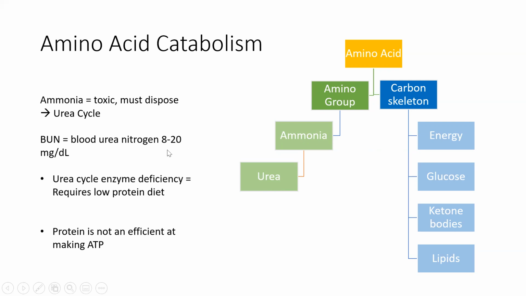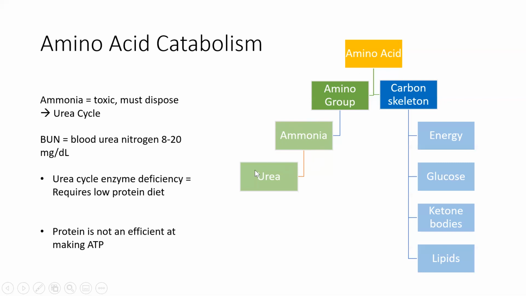This is kind of a function, and it measures how well your kidneys are excreting that ammonia in the form of urea. Now, urea cycle enzyme deficiency requires a low protein diet because if not, this ammonia is actually going to build up, and as I said, it can become toxic.